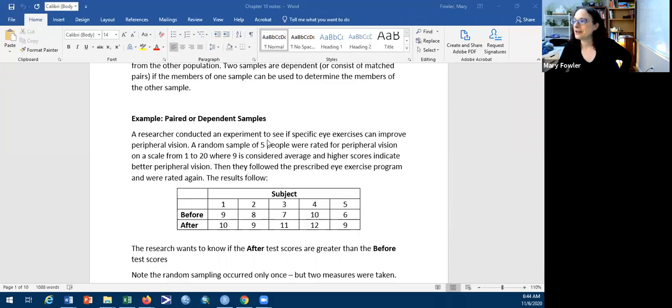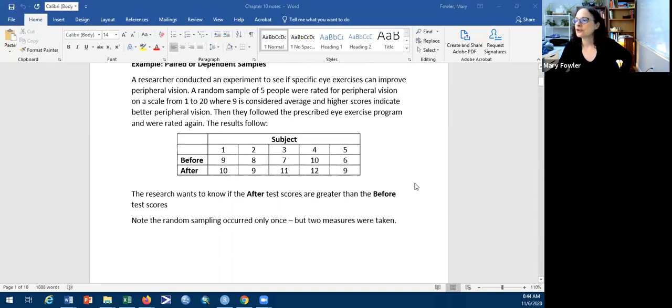A researcher conducted an experiment to see if a specific eye exercise can improve peripheral vision. A random sample of 5 people were rated for peripheral vision on a scale of 1 to 20. They were rated first, that's the before, then prescribed eye exercises, and then rated again, that's the after. The researcher wants to know if the after test scores are greater than the before test scores.